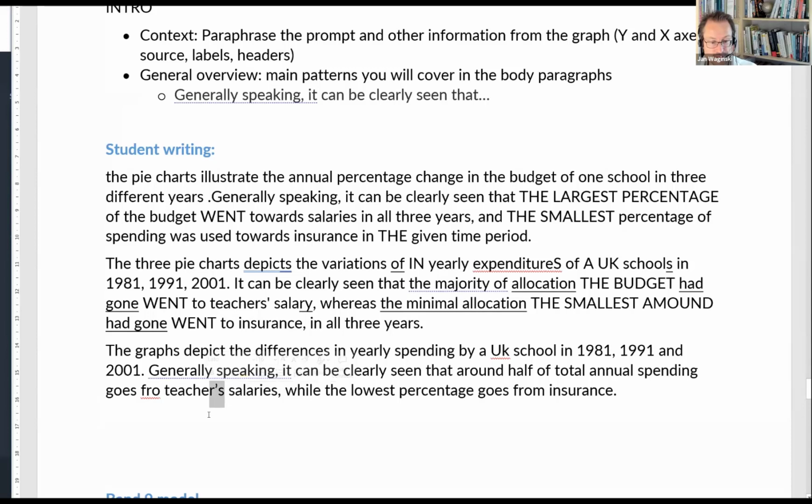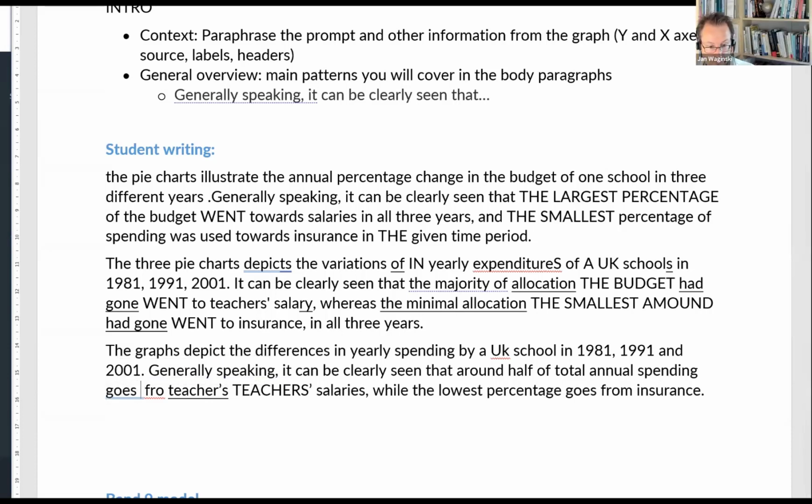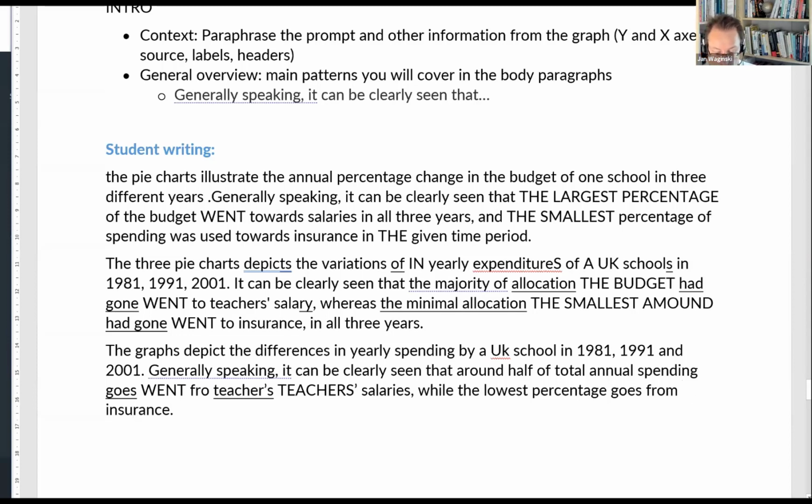One teacher or multiple teachers? Or multiple teachers. So it's got to be S apostrophe, right? Yeah. Well, the lowest percentage. The whole thing needs to be in past tense. Went? Okay. Yep. The lowest percentage went to insurance.